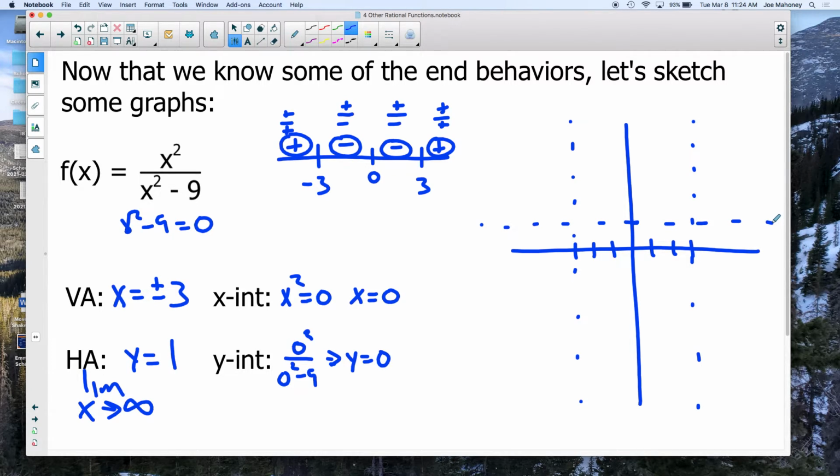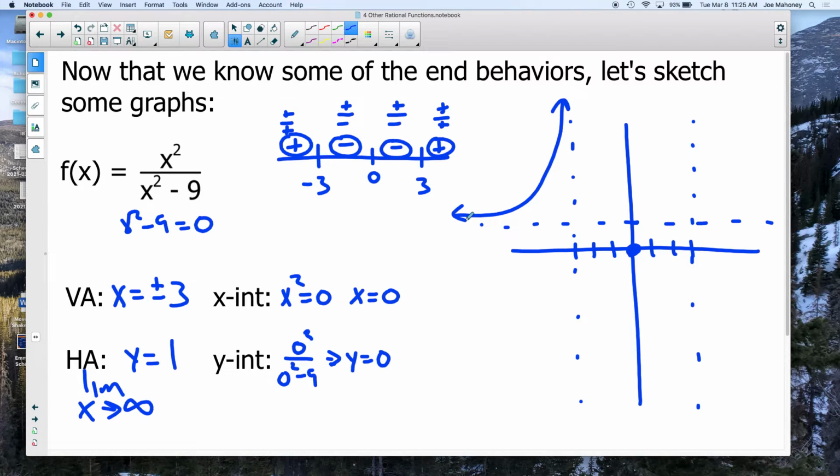And I've got an x and y intercept at the origin, 0, 0. My sign chart tells me that to the left of negative 3, I'm positive. So I'm going to be up in this area somewhere. But I have to follow the asymptotes. So I'm going to go something like that probably.